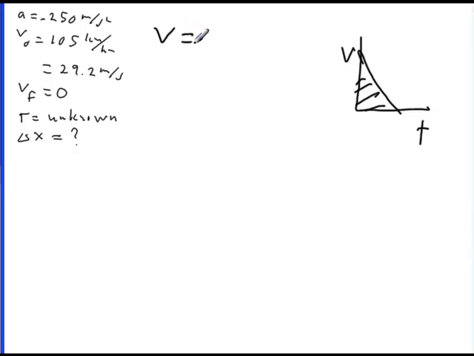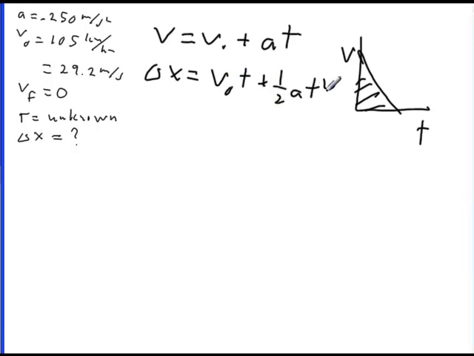We've got v equals v naught plus at, and we've got delta x equals v naught t plus 1/2 a t squared. Well, I could solve one of these equations for time and plug it into the other one. This one's a quadratic equation, generally not the best way to go solving.